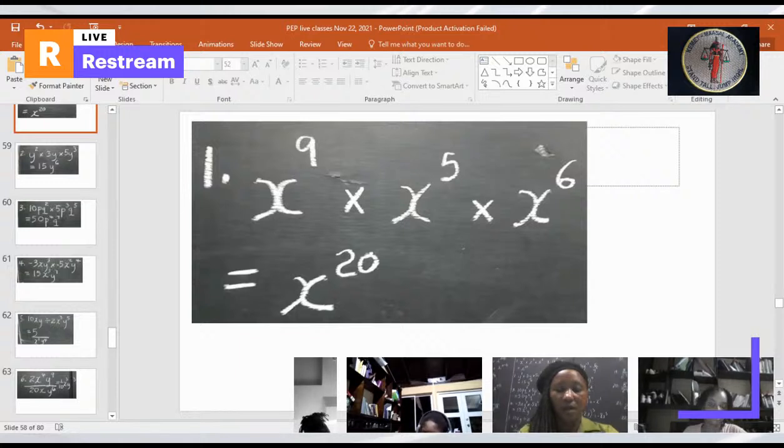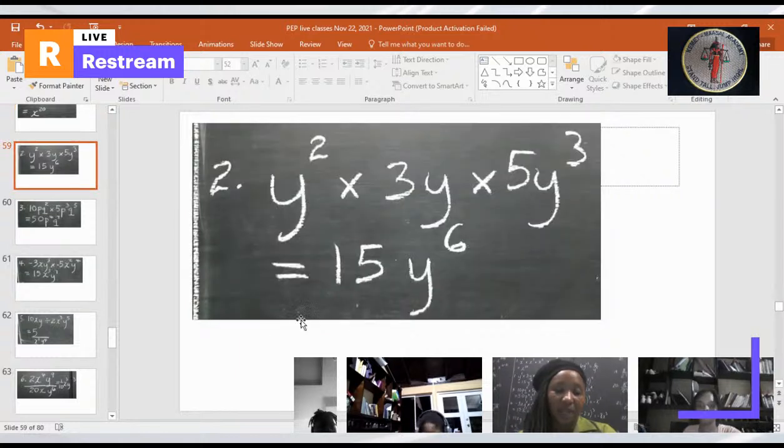We keep the base, which is x. It's not that we're going to have 3x. We just write back the base because the base is the same, and add the indices, the exponents.